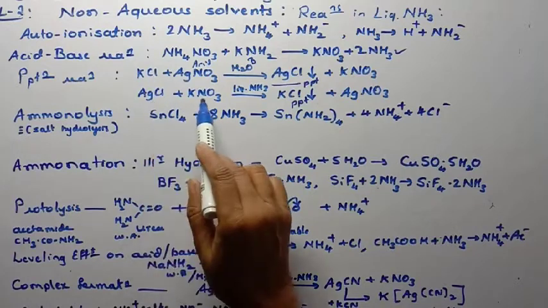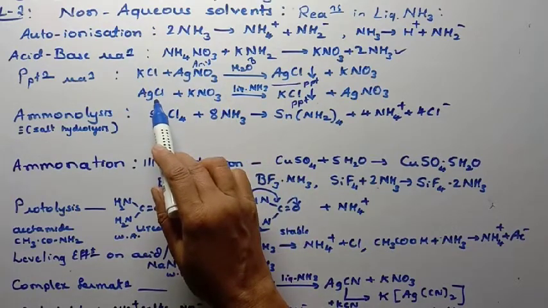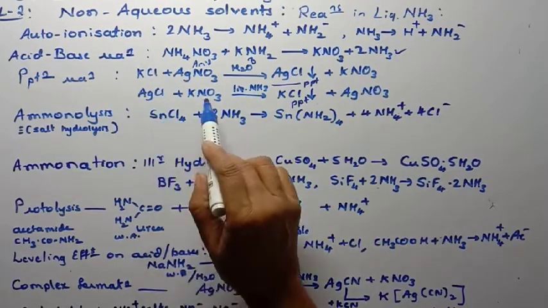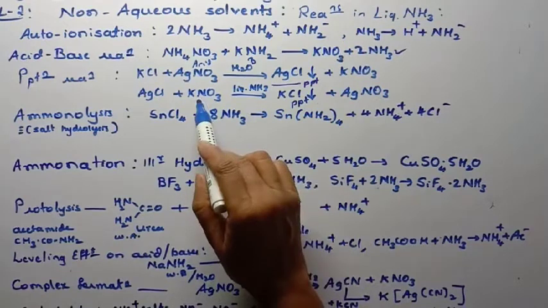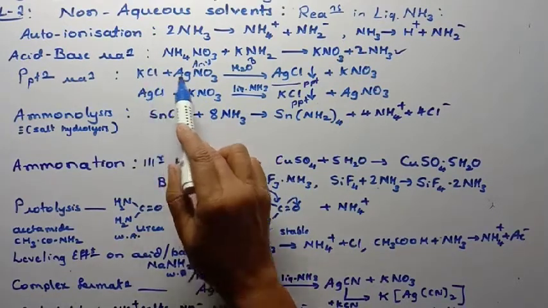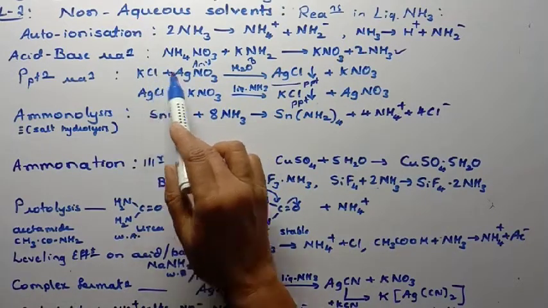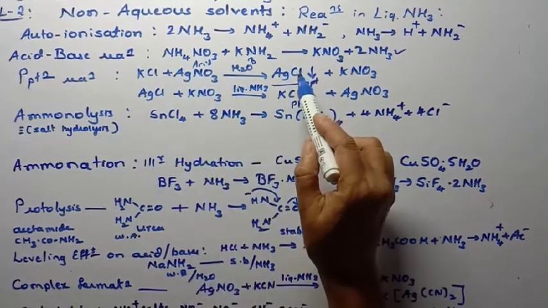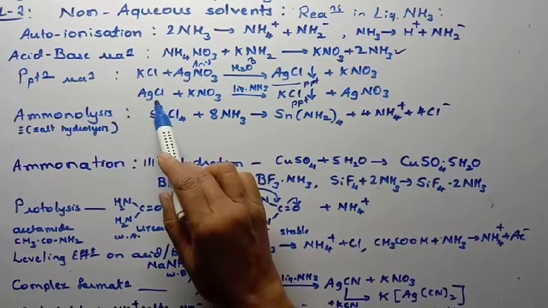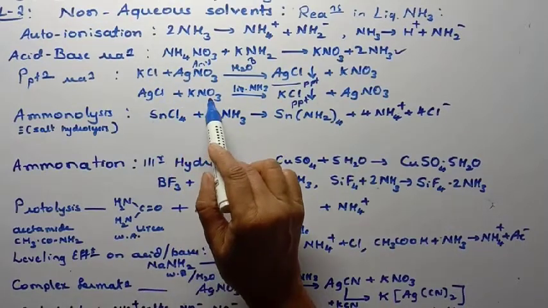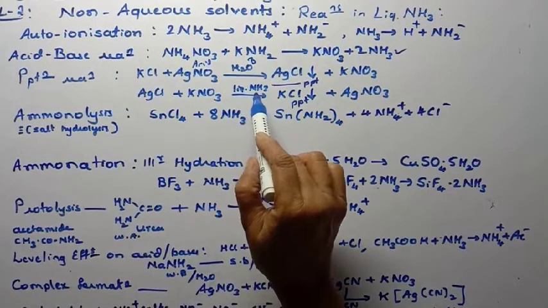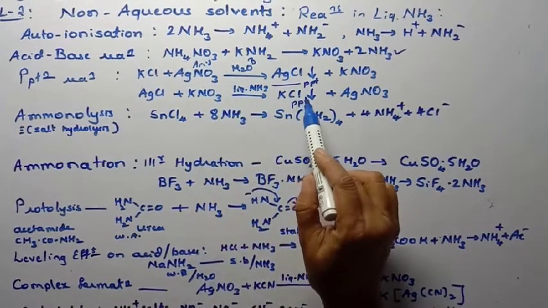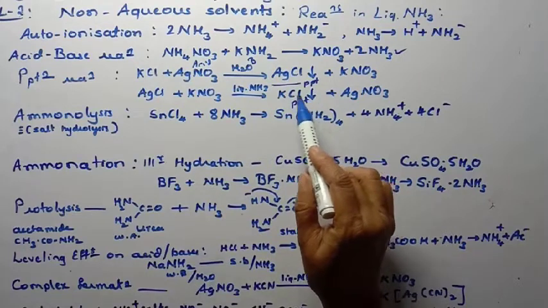So during this reaction, AgCl is dissolved in NH3 and its solution is prepared, and KNO3 is dissolved in liquid ammonia to prepare the solution. Similar to the previous one, where KCl is dissolved in water and AgNO3 is dissolved in water and then they are mixed to get the precipitate, in the same way AgCl and KNO3 are dissolved separately in liquid ammonia, and when they are mixed, we get a white precipitate of KCl.